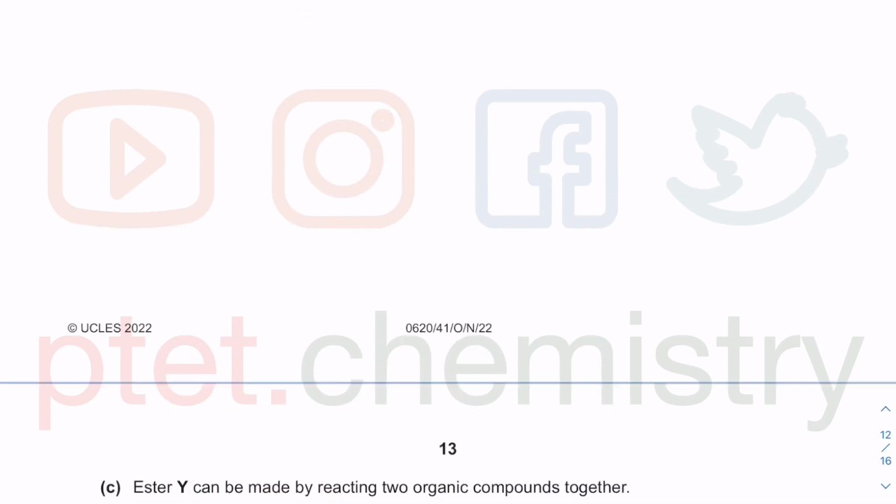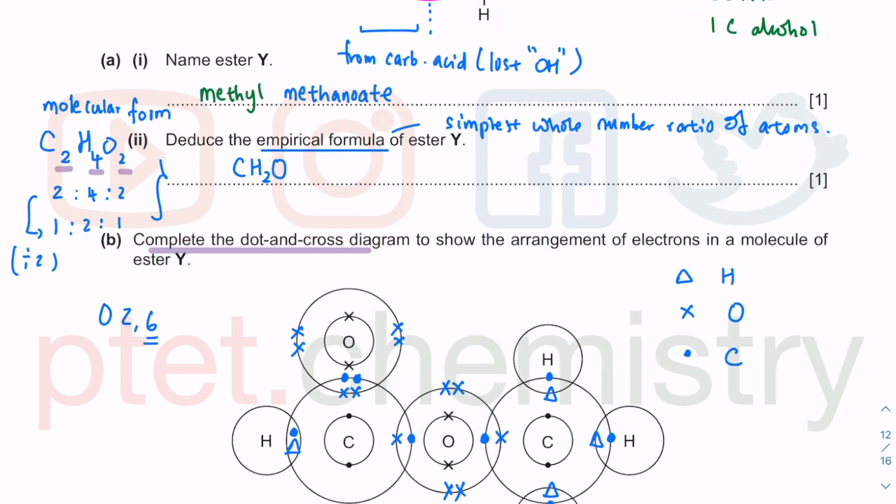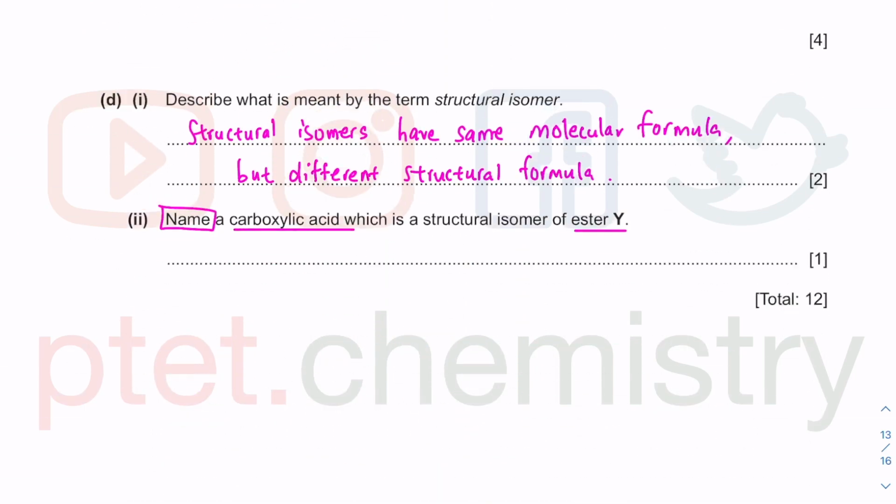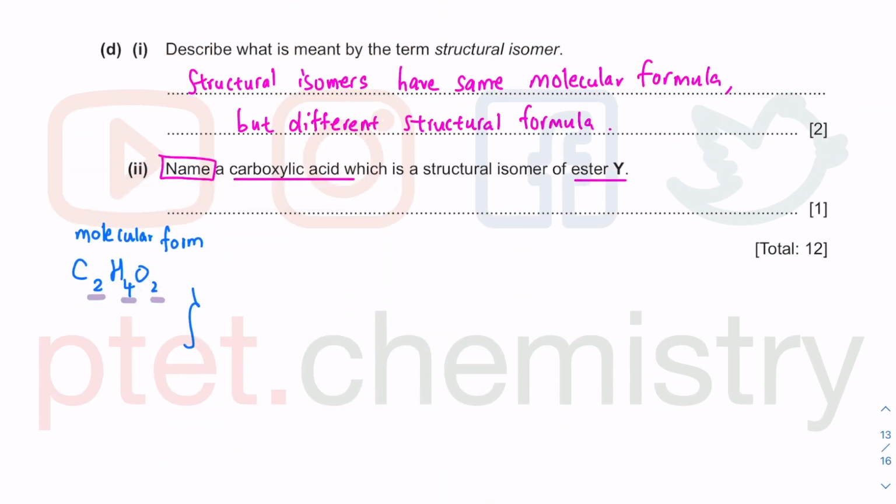If we look at ester Y, the molecular formula was C2H4O2. That was what I calculated earlier based on counting the actual number of atoms. Now, they want an acid, so look for a 2-carbon carboxylic acid, and that will be your ethanoic acid. So ethanoic stands for 2-carbon, is a carboxylic acid.